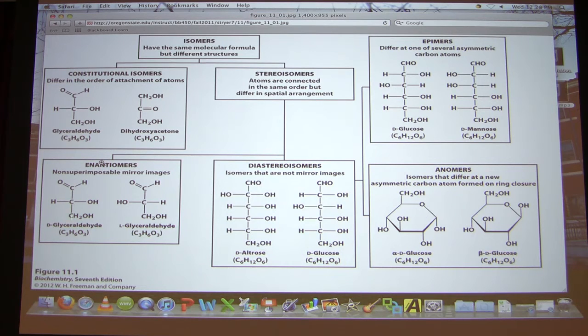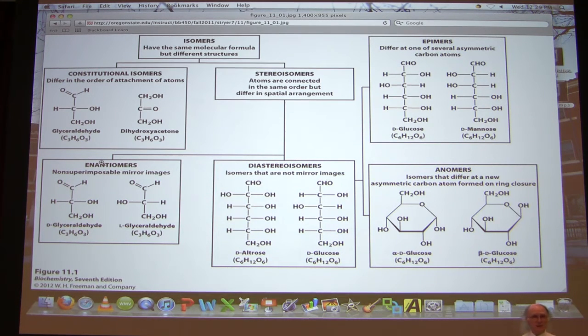If it's on the right side of the next to last carbon from the bottom, it's a D sugar. Two carbohydrates that are mirror images of each other are called enantiomers.